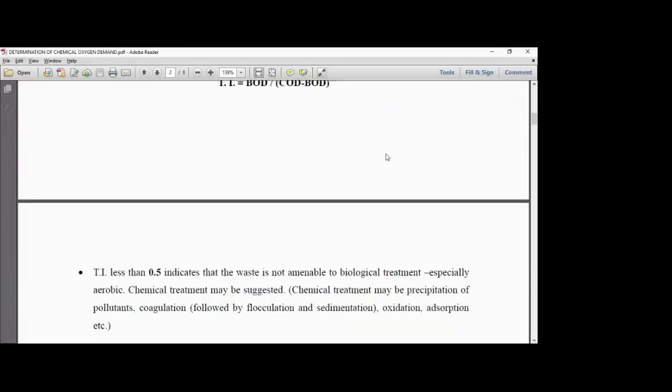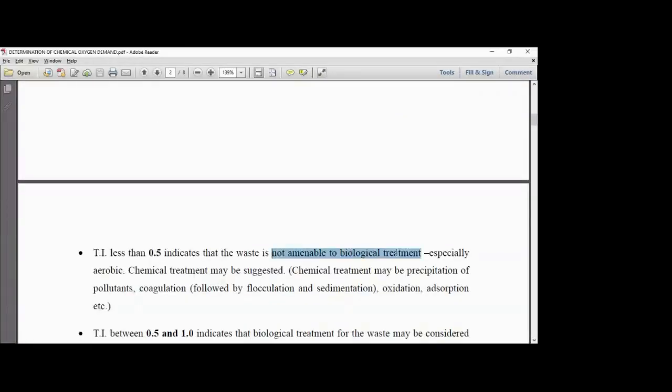If it is not biodegradable, it is not amenable to biological treatment, especially aerobic treatment. So what will we have to do? We'll have to deal with chemical treatment. There can be various chemical treatments, for example precipitation of the pollutants, coagulation, flocculation and sedimentation, oxidation, adsorption, etc. All these are the chemical treatments that we can give if the TI value is less than 0.5.